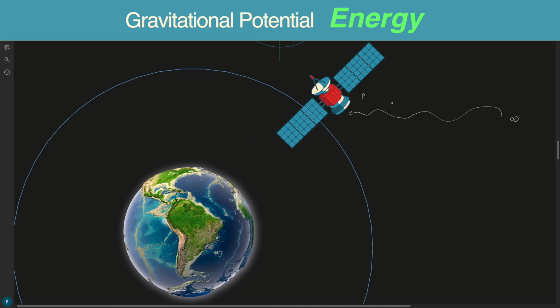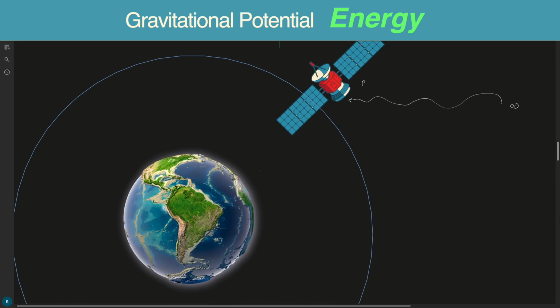This satellite was roaming around the universe, and suddenly one external agent brings this object to a point where the earth's gravitational field exists. Now I want to calculate the work done by this external agent. We know the basic formula: work done equals force into displacement. We take a small force and small displacement.